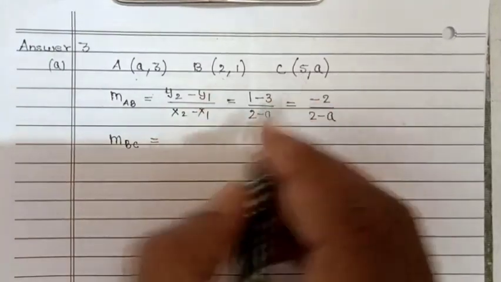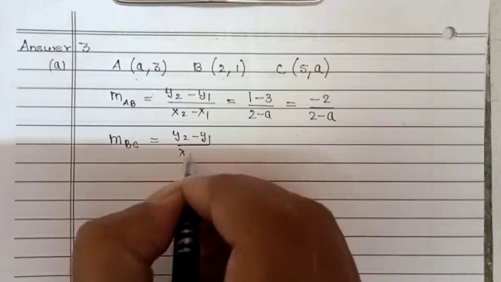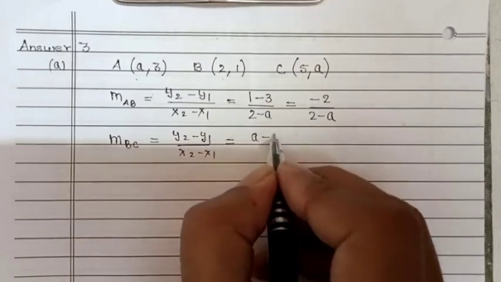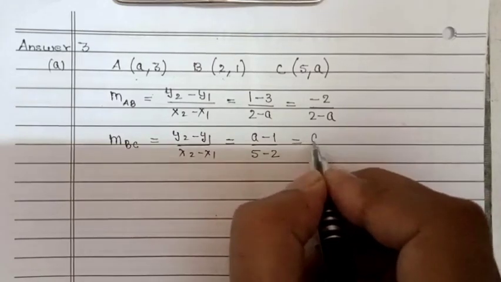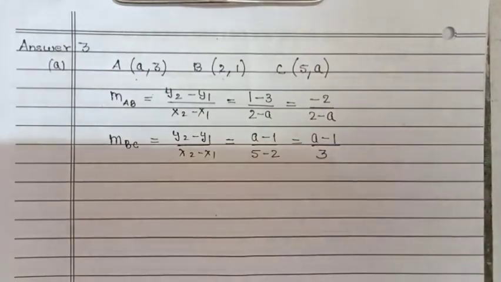Again we have 2 points, so applying the same formula, it will be a minus 1 upon 5 minus 2. So a minus 1 upon 3. So we have got slope with the help of point AB, then we have got slope with the help of point BC.